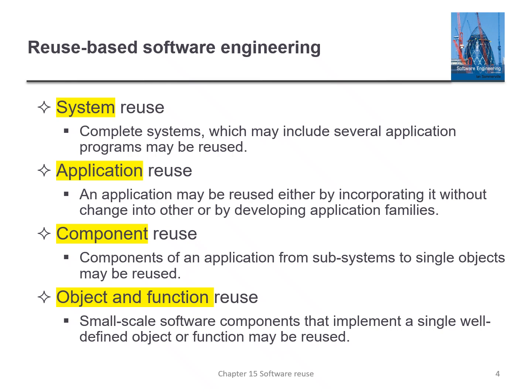All right, in reusing components or parts in the software, I could say there are four types of reuse: system reuse, application reuse, component reuse, and object and function reuse.